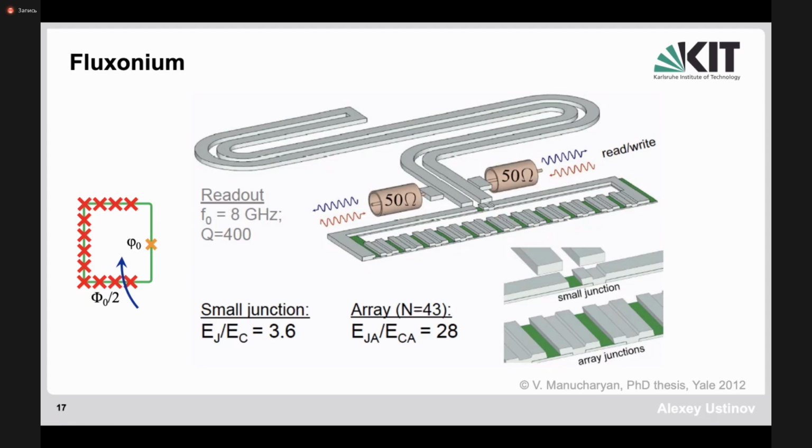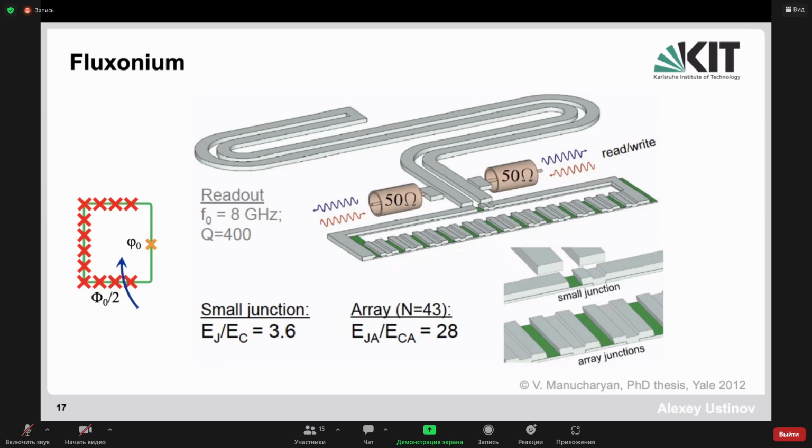The first prototype of the fluxonium was made at Yale, and it was started in the thesis of Vladimir Manucharyan, who is a very successful graduate of FIZTECH. He did his bachelor at FIZTECH and then went to do his PhD in the US, working at Yale University in the group of Michel Devoret.